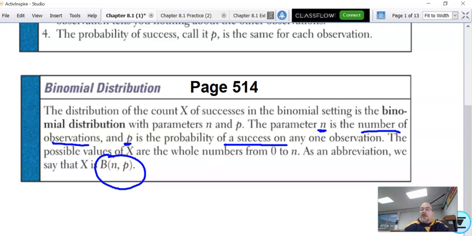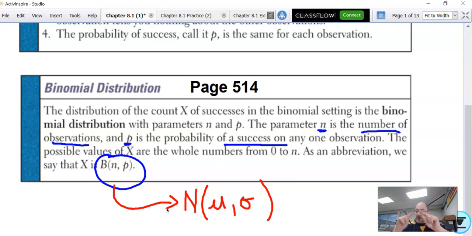Now, I do want to point out, and we saw this earlier in the school year, the normal distribution with mean mu and standard deviation sigma. Sometimes, depending upon the situation, a normal distribution can be substituted, using the z-score and the normal curve, for a binomial situation.